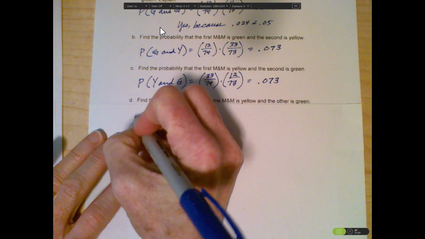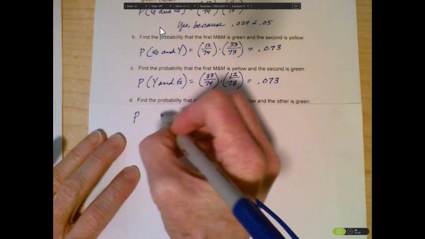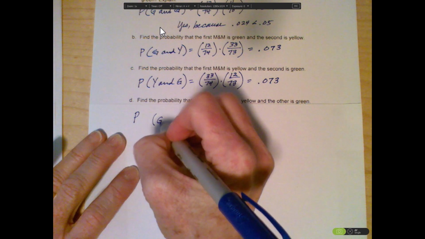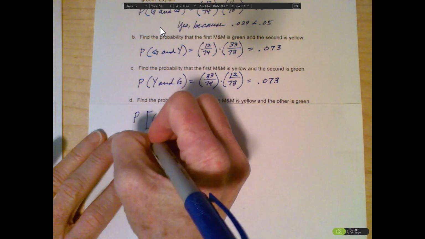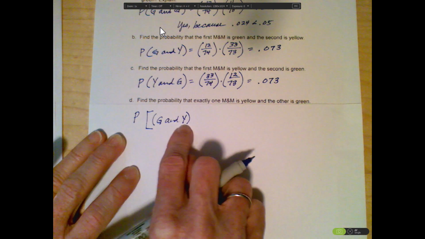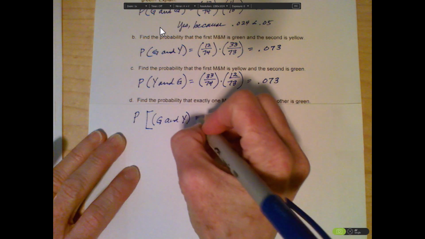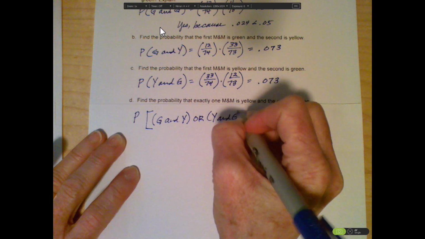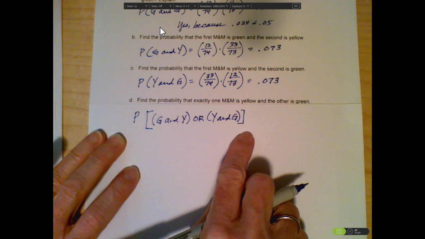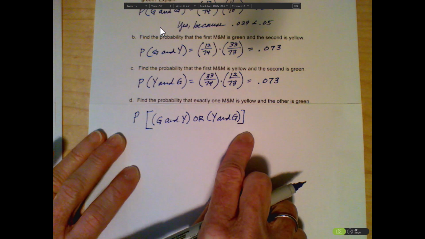Well, it would happen if you got the green first and then the yellow, or if you got the yellow first and then the green. Either way, you'd end up with exactly one yellow and one green.